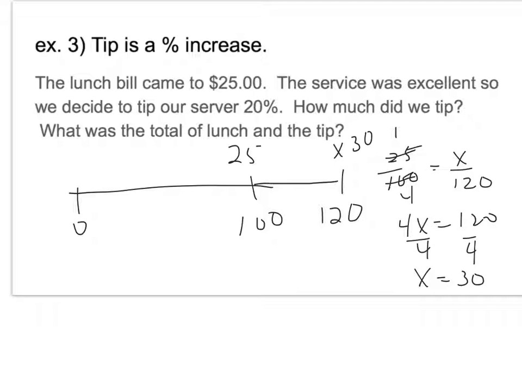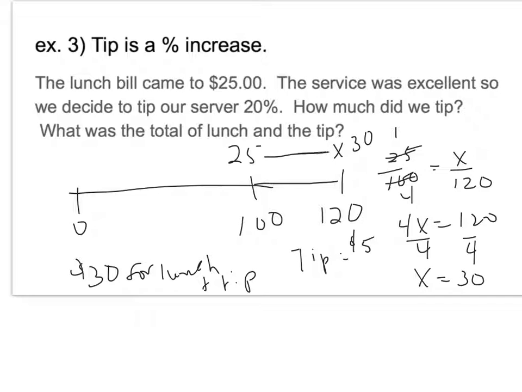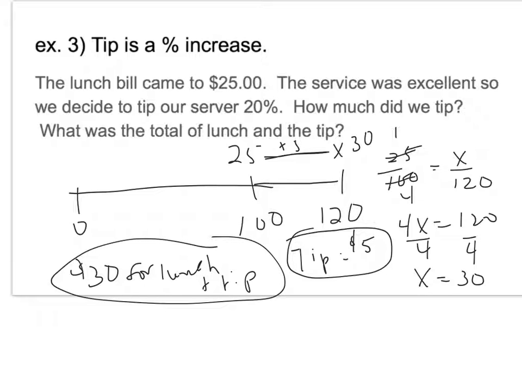So we ended up paying $30 for the total, for lunch and tip. And then the tip equals $5, because it's the difference between 25 and 30. It was plus $5. So that's our tip right there. So $30 for lunch and the tip, and $5 for the tip alone. Last one.